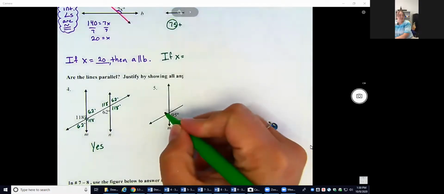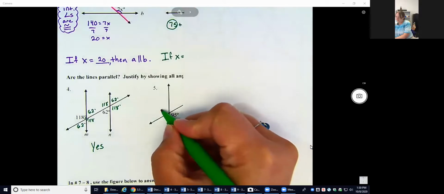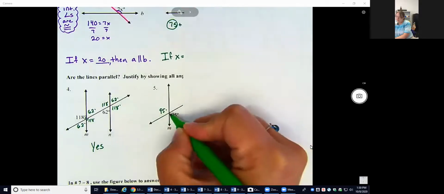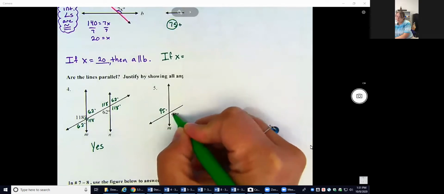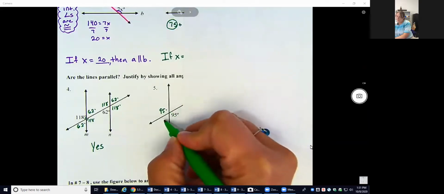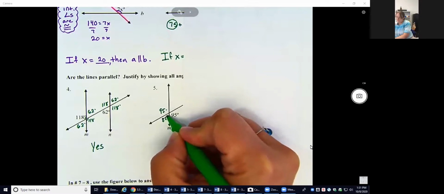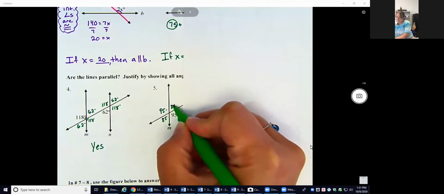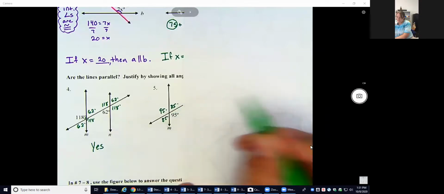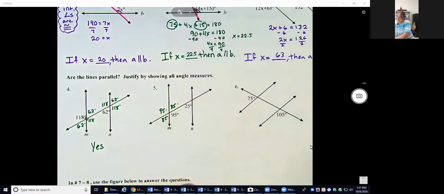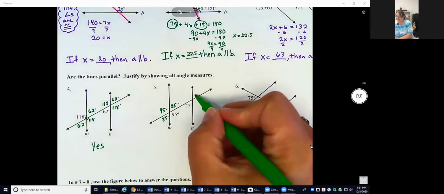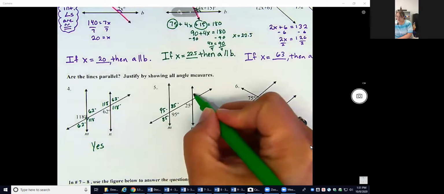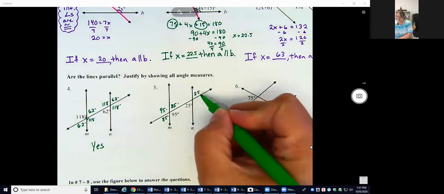Okay, on number 5, if you focus on this intersection only, the vertical angle is 95, and then linear pair with 95 would be 85, and that would be vertical over here. So that's one intersection done. And then when I uncover this, I see that this angle is 25, which is not the same at all as the other intersection.